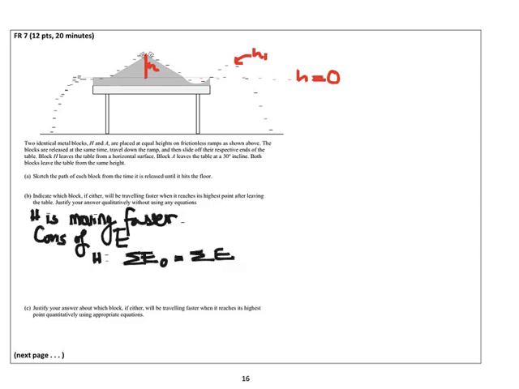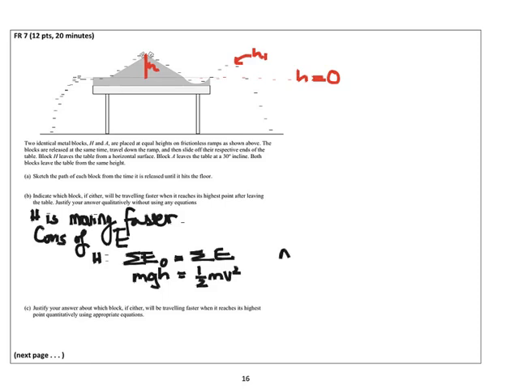Sigma E naught is equal to sigma E. At the beginning, it has UG, which is mgH. At the end, at its highest point leaving the table, it is at height 0, so it only has kinetic energy, 1/2 mv squared.